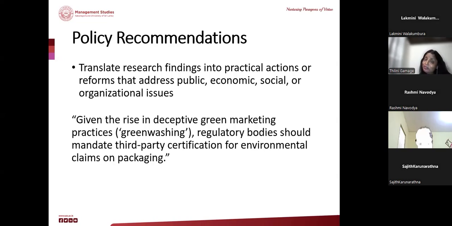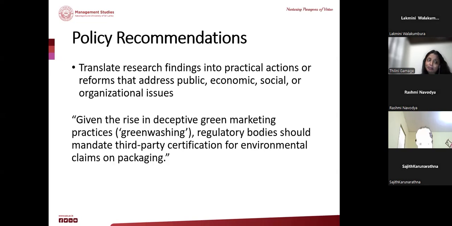It should not be loosely interpreted. Rather, there have to be regulatory bodies and they should mandate that before using this term, it's very important to obtain certification. So that's very important.